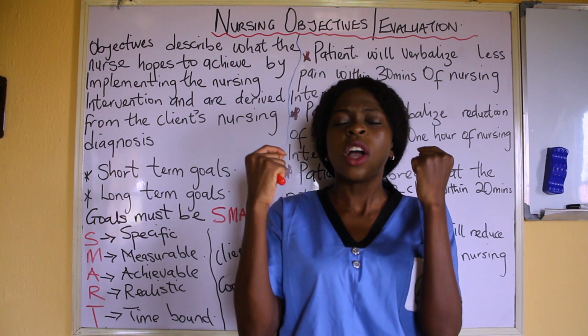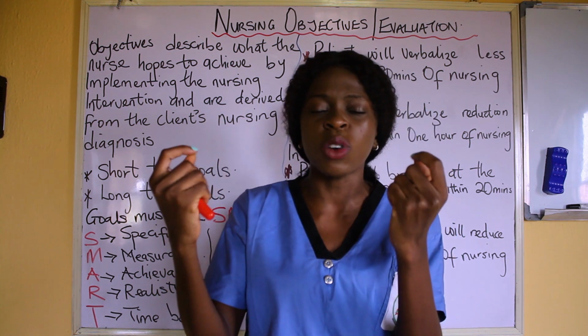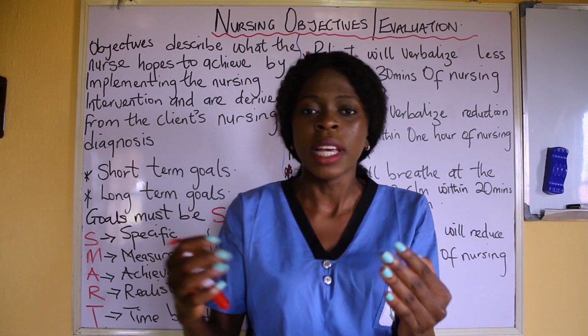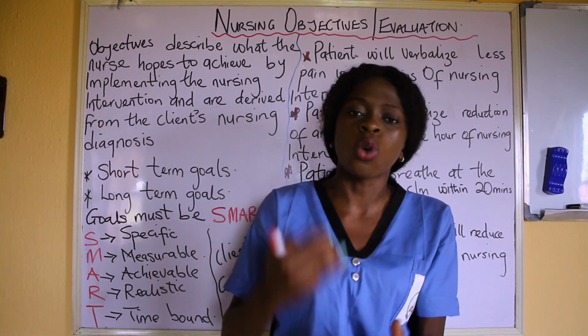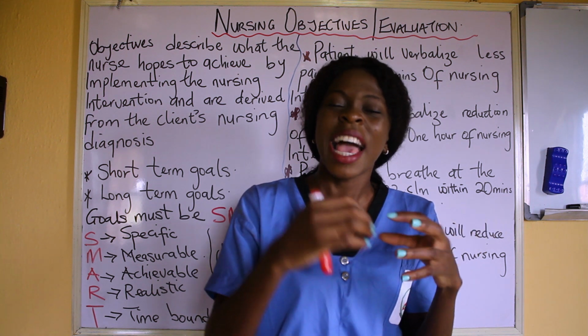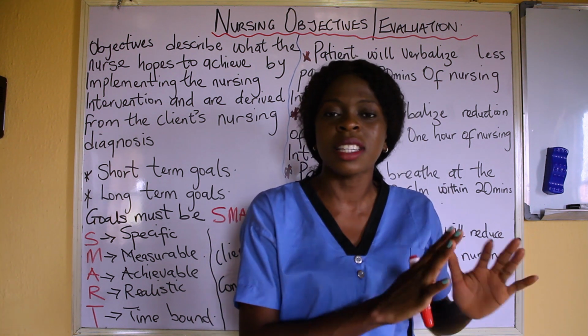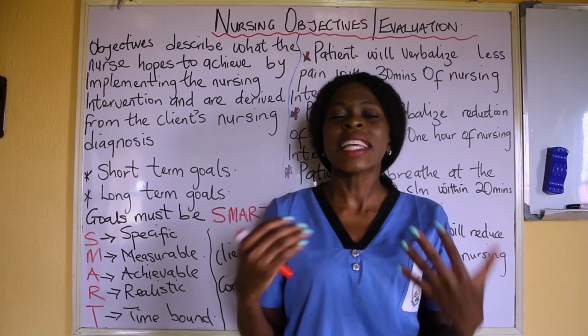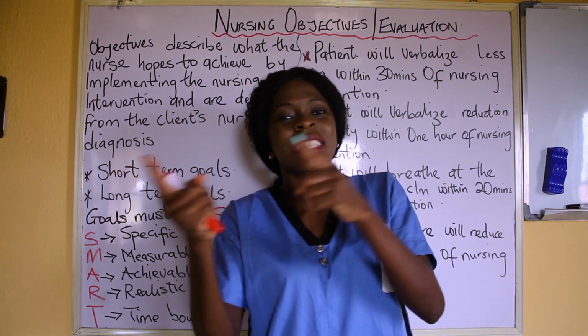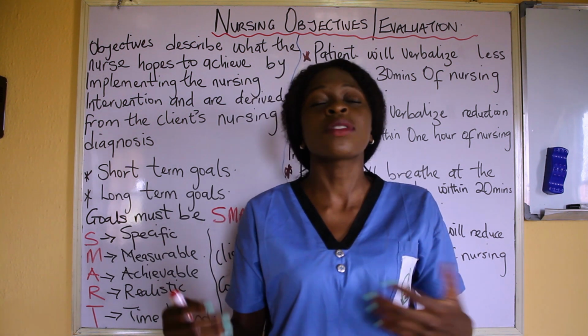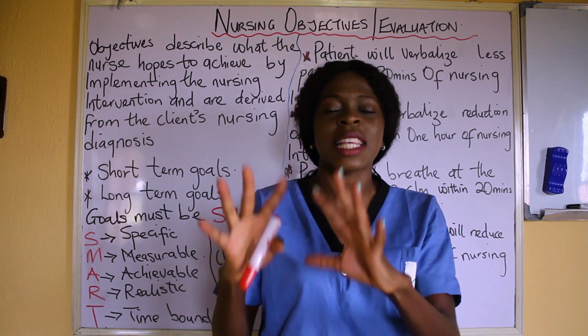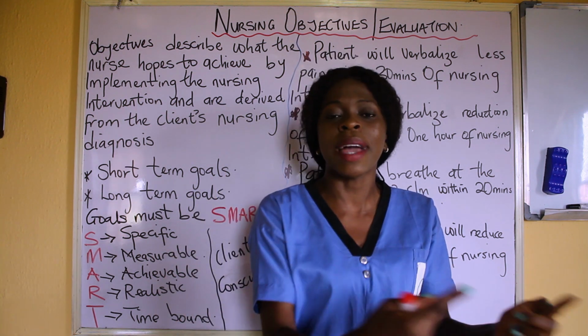So whenever you hear goals, objective, or expected outcome, they are talking about what the nurse hopes to achieve at the end of a particular nursing intervention. And you can get that when you already know the nursing diagnosis. I've assessed this patient is having hyperthermia, so what will be my objective?